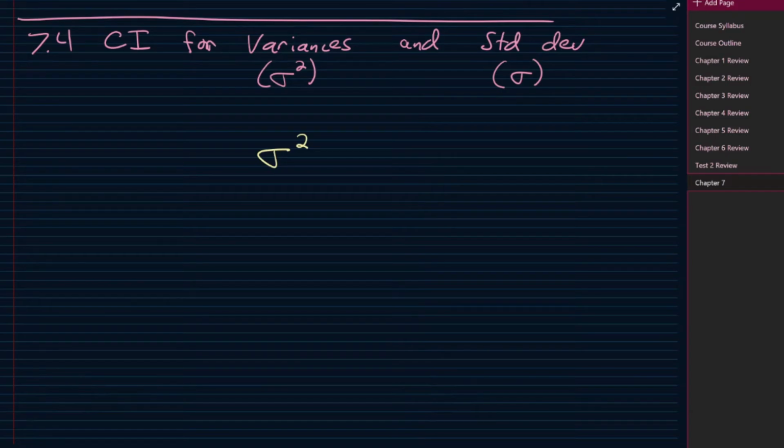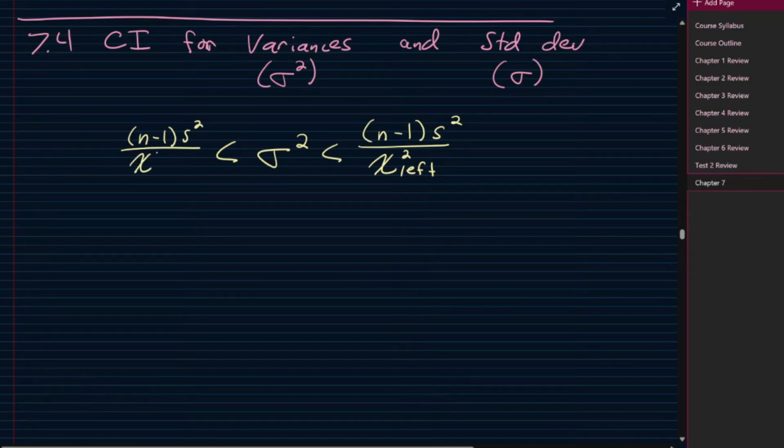because there's two different values that we need to use from the chart. So the confidence interval for variance, remember variance is sigma squared, it's between these two values: n minus 1 times s squared over chi squared left, and the lower bound is n minus 1 s squared over chi squared right. That's for variance.